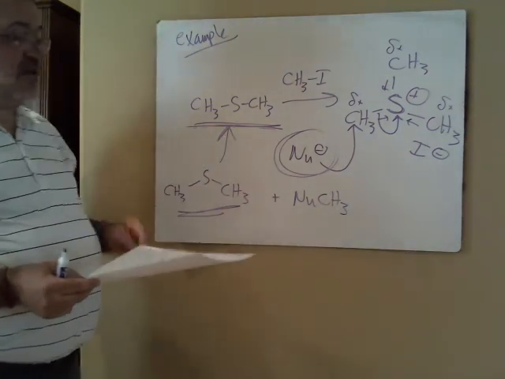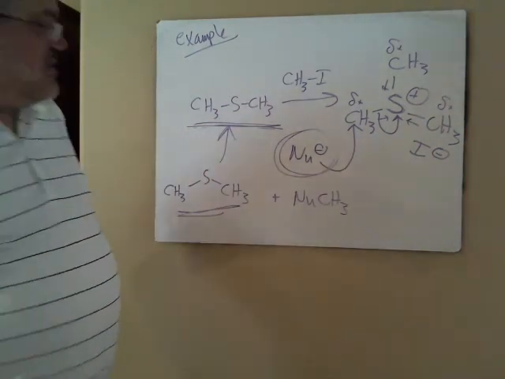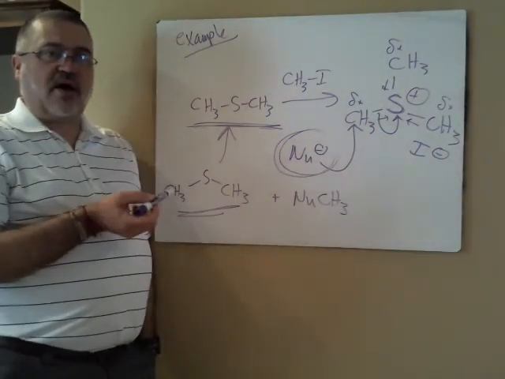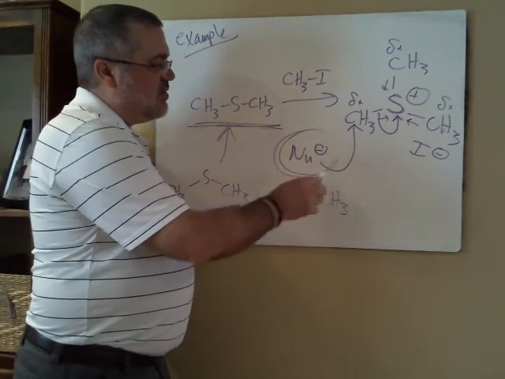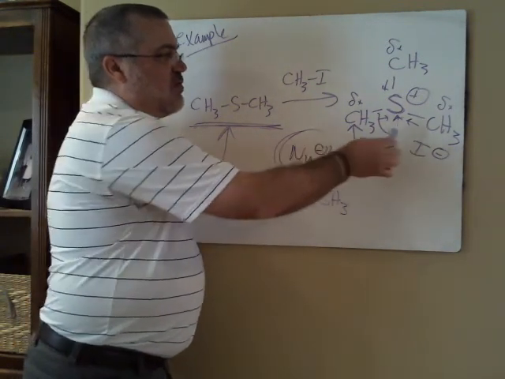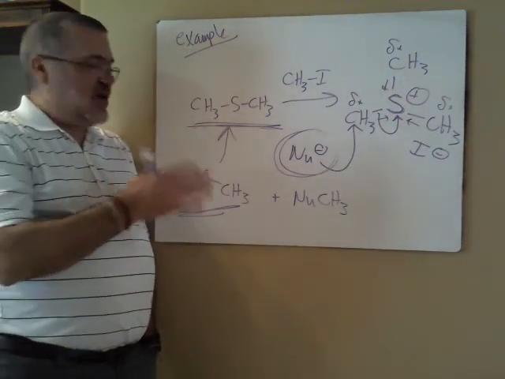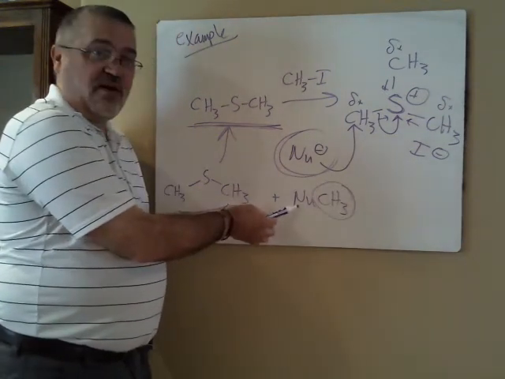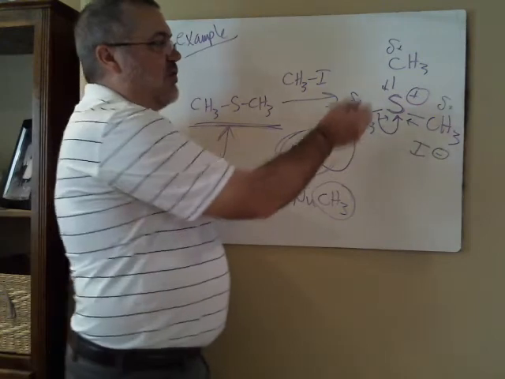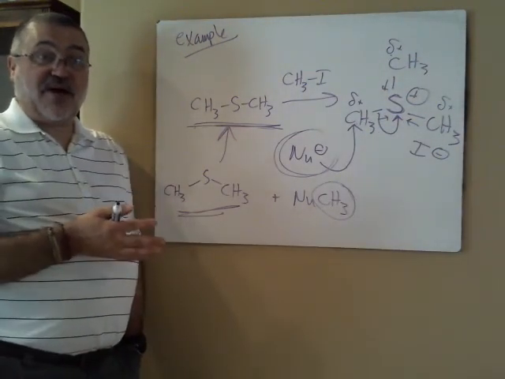Now, what do you think is one restraint that would be required? If you're wanting to alkylate your nucleophile, it's going to react with one of these three alkyl groups. When you're doing the reaction, whatever alkyl group you're wanting to alkylate onto the nucleophile, all three of these attached to the sulfur need to be the same alkyl group. Why?